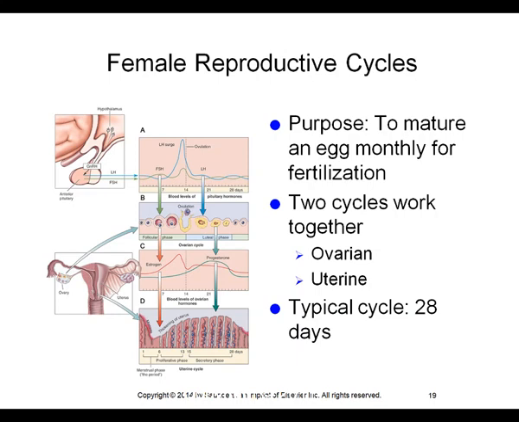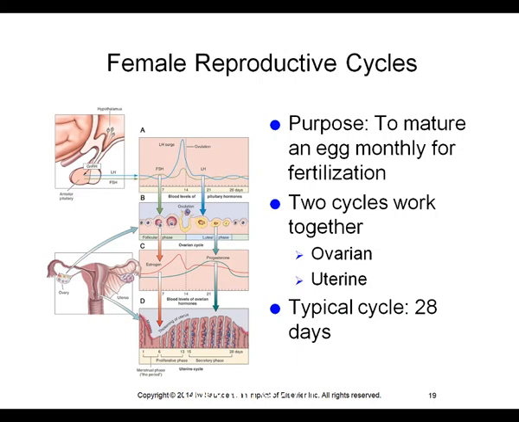And then the levels of LH go back down to normal after the surge. So that's diagram A, showing you how FSH and LH change. The main take-home message is that surge of LH that causes ovulation.